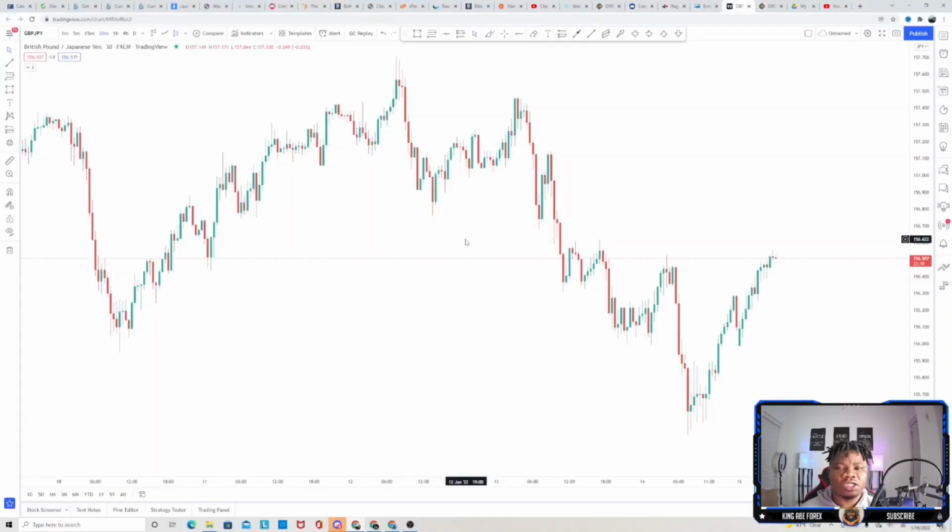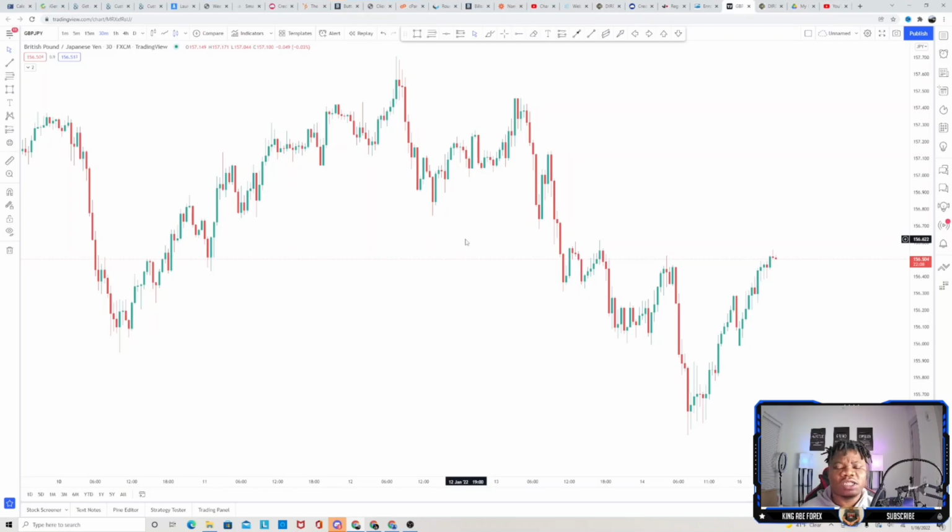To use this strategy, we're only going to be focusing on our highs and our lows because of our positions. Now, also, we're going to be using one indicator, and in this strategy, we're going to be using the 200 EMA, because the 200 EMA is absolutely the best moving average indicator that you will ever find out there.